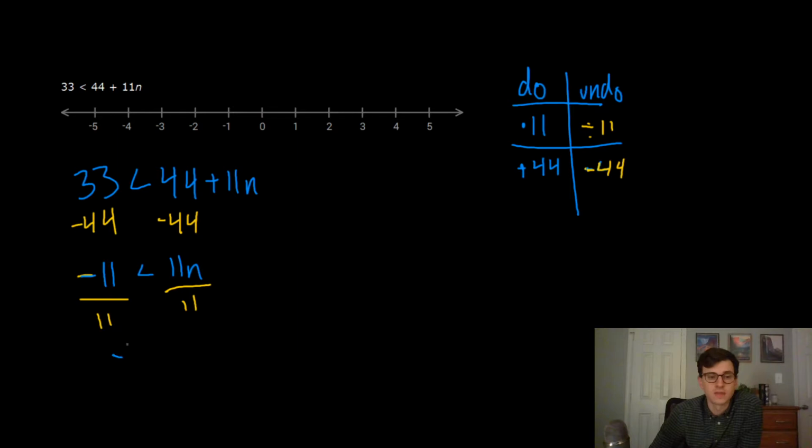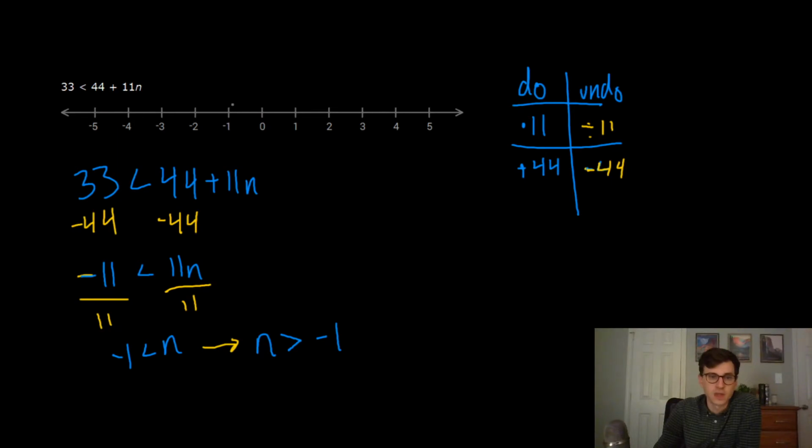So then that's negative 1 is less than n. That means that n is any number greater than negative 1. Negative 1 is less than n means that no matter what number n is, negative 1 is always less than it. So that's the same as saying n is greater than negative 1.